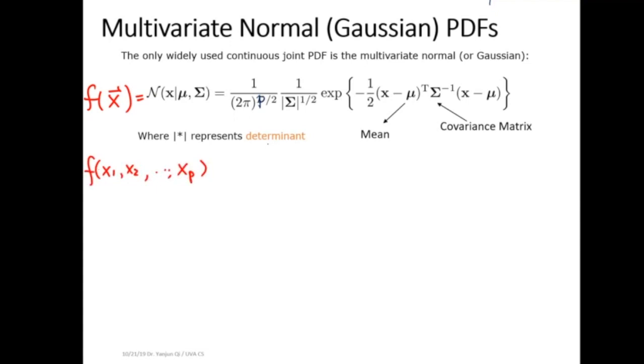So it's a relatively more complex formula compared to what we learned before, but it's still relatively easy. This part is actually about the covariance matrix. The sigma here, mu is our mean vector.